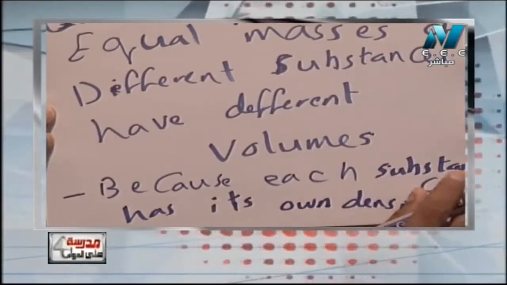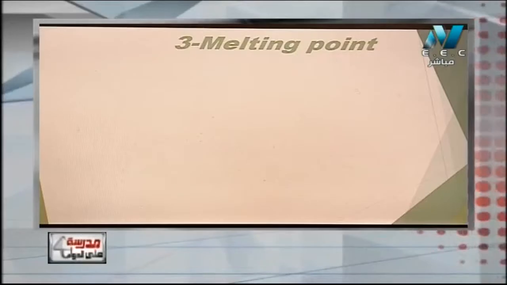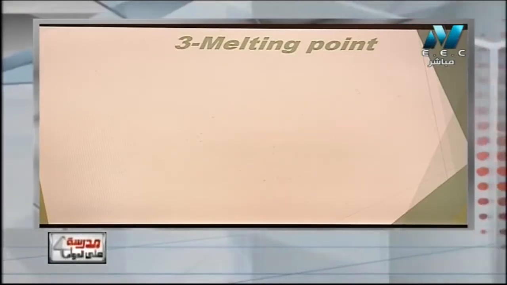Okay. Now let's talk about the third physical property of matter, melting point. What is the meaning of melting point? We know that ice melts if its temperature reaches 0 degrees Celsius. It changes from ice into what? Into water.